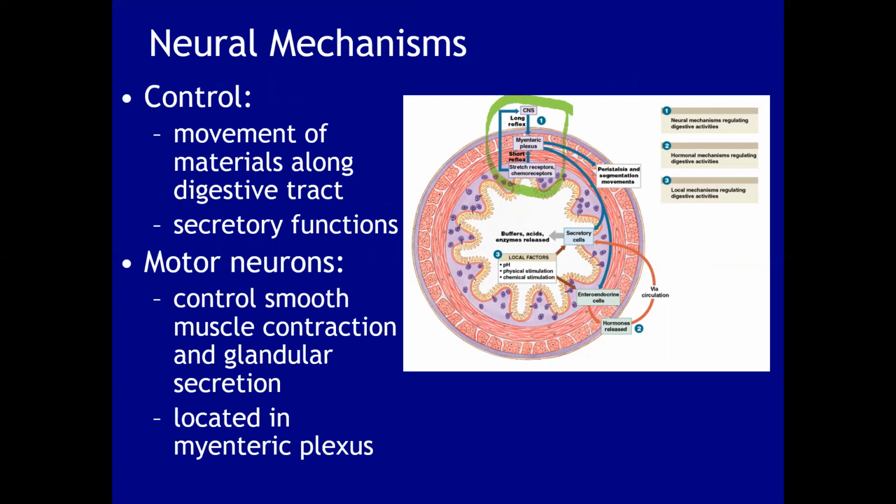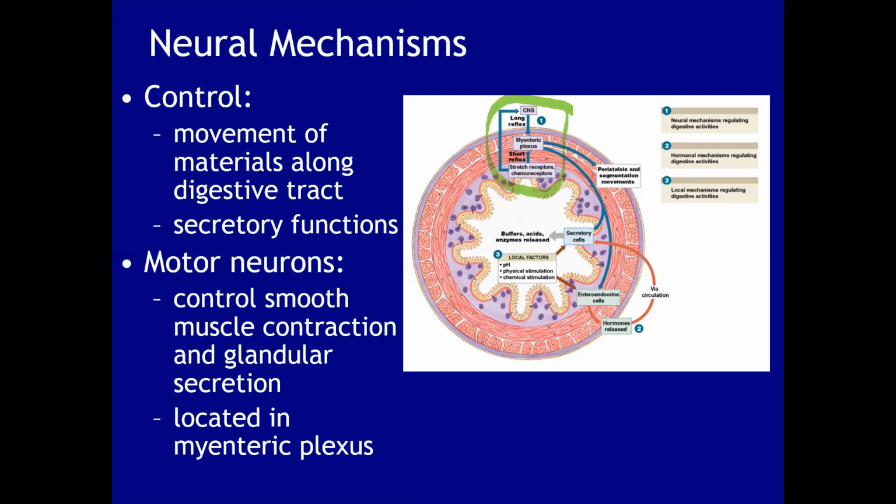So when you look at what I just circled, we have a box that says central nervous system, one that says myenteric plexus, and another one that says stretch receptors and chemoreceptors. So let's take myenteric plexus first. Myenteric, M-Y, muscle, enteric, digestive system, plexus indicates nervous.